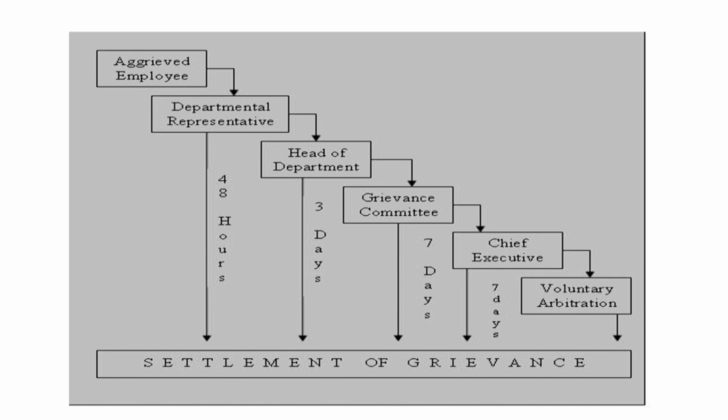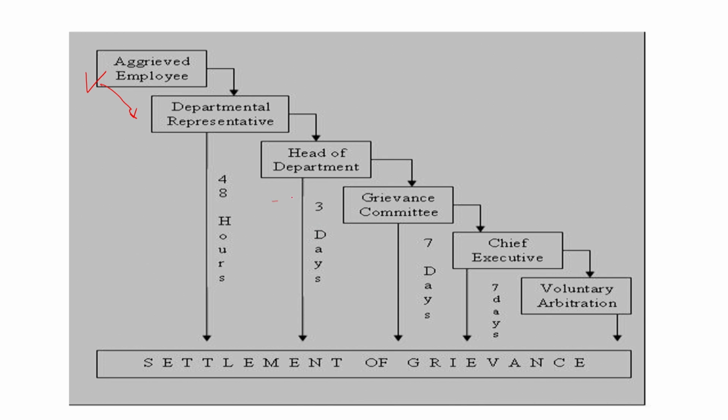Here we have an aggrieved employee. The aggrieved employee will report the problem to the immediate supervisor or maybe the departmental representative, who, once the problem has been addressed to him, has to give his answer within 48 hours. If he fails to provide a solution, the aggrieved employee can take his grievance to the head of the department.